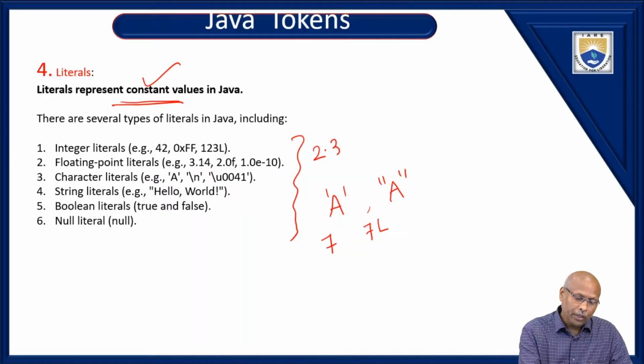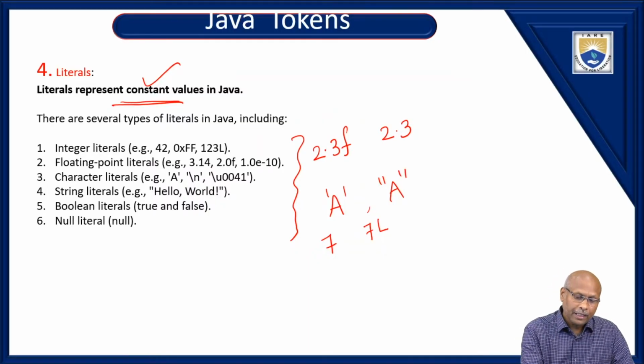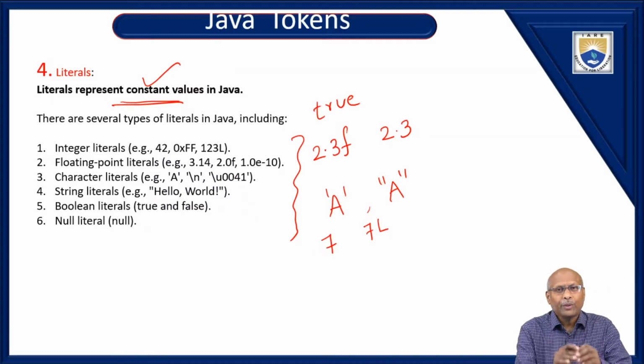Similarly, 2.3F is a floating point literal. Similarly, if I write 2.3, that is a double literal. Similarly, true is a boolean literal. So your program may use any kind of literals. That means whenever you need a constant value, you can use this type of literals. So Java supports these 6 varieties of literals.